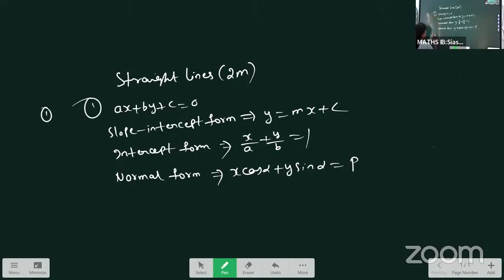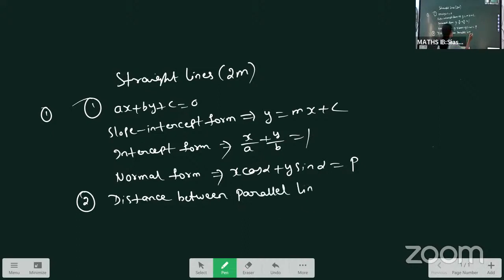Second, distance between parallel lines. Parallel lines look similar and they never meet.